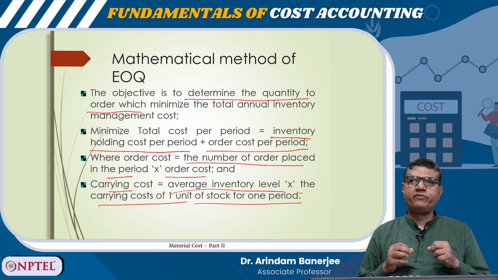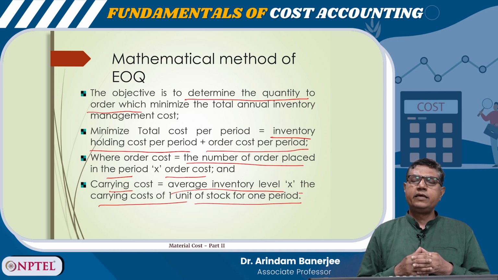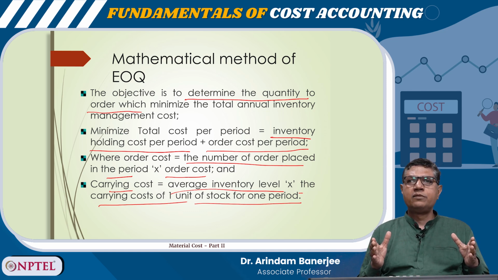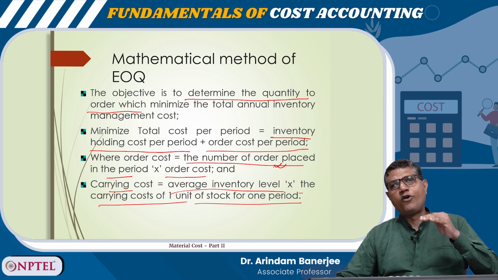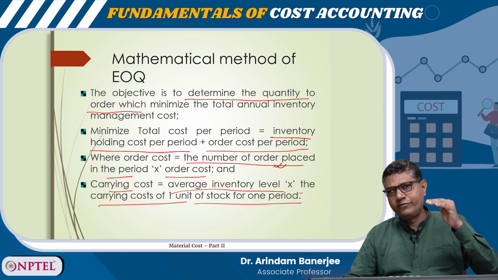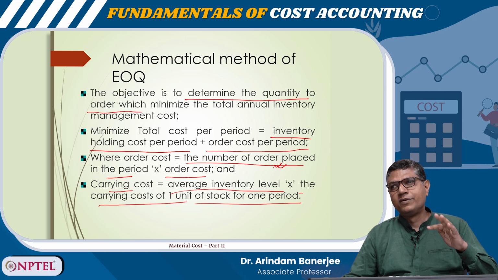So, you see, if the number of orders is more, then the ordering cost will go up, right? Because here it is number of orders placed into the order cost. So, if the number of orders goes up, the ordering cost will go up.